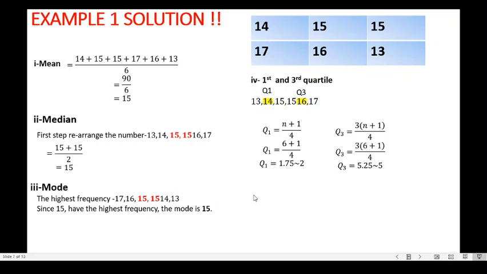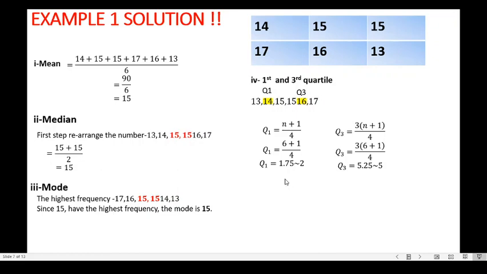Next, first and third quartile. How to calculate first and third quartile? We look at the formulas that were given just now. To identify the first quartile, n plus 1 divided by 4. For this question, your n will be 6. 6 plus 1 divided by 4 because we have 4 quarters. So at the end, you will get 1.75.